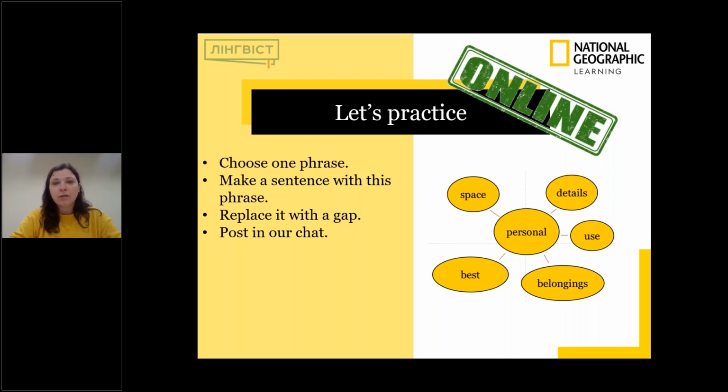Personal information. Then you replace it with the gap and post this gapped sentence in our chat. After that, you will get 15 or 20, it depends on how many students you have, gap filling activities for your students to practice the same collocations. You can use some of them now, some of them on the next lesson. And they will remember them much better.